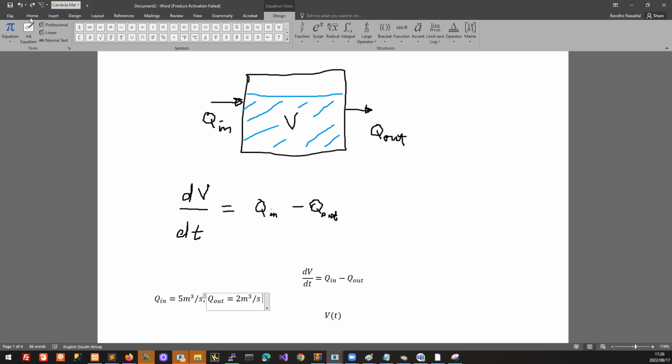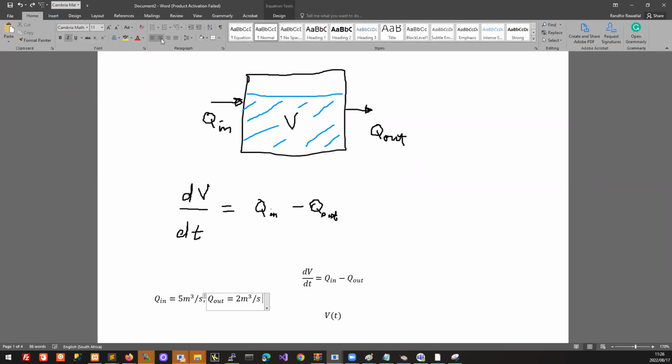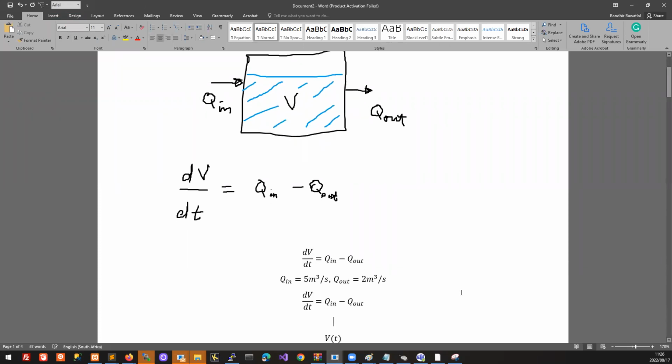So clearly dV dt is just 5 minus 2, which is 3 cubic meters per second, okay?